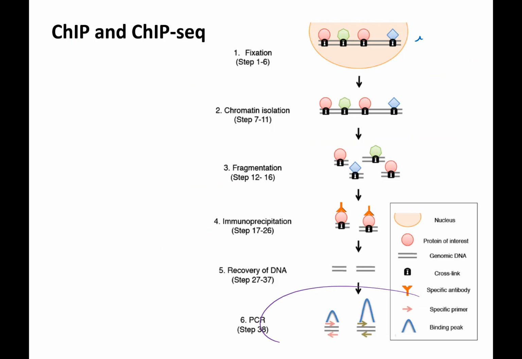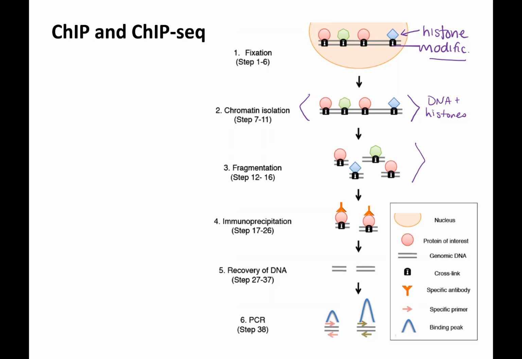So let's look at a different picture. This is showing the same thing. Up here you have histone modifications. You isolate the chromatin from the nucleus. Remember, this is DNA plus histones. You break it into pieces.